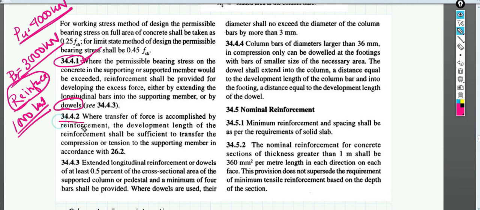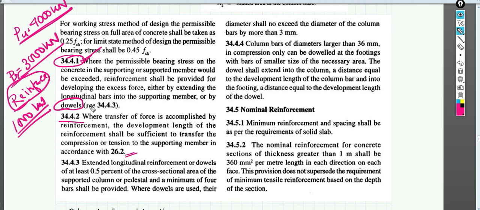Then clause number 34.4.2 says where transfer of force is accomplished by reinforcement, the development length of the reinforcement shall be sufficient to transfer the compression or tension in the supporting member in accordance with 26.2.